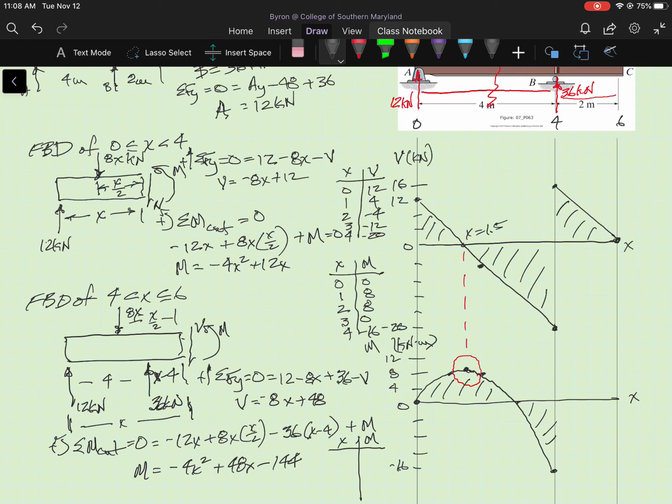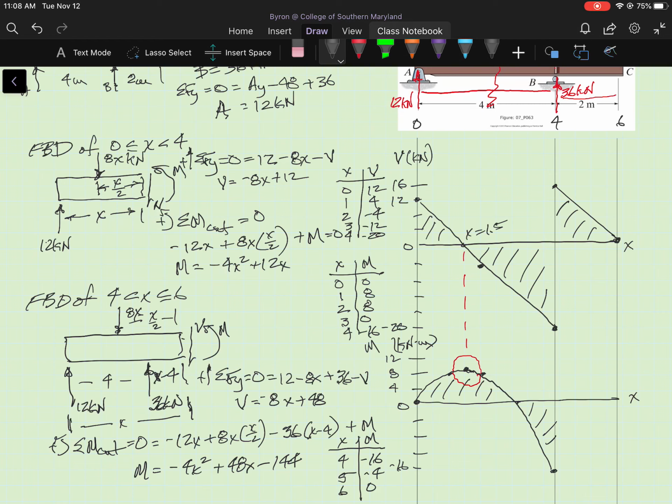We're starting at x equals 4. When x equals 4, the moment is minus 16, just by plugging in 4 into that moment function I just derived. When x equals 5, the moment is -4. When x equals 6, the moment is 0.